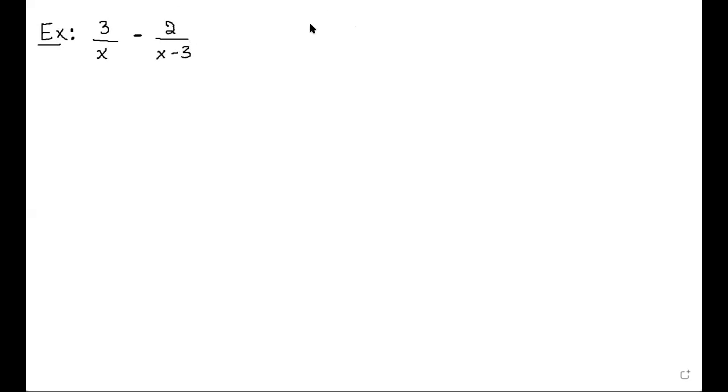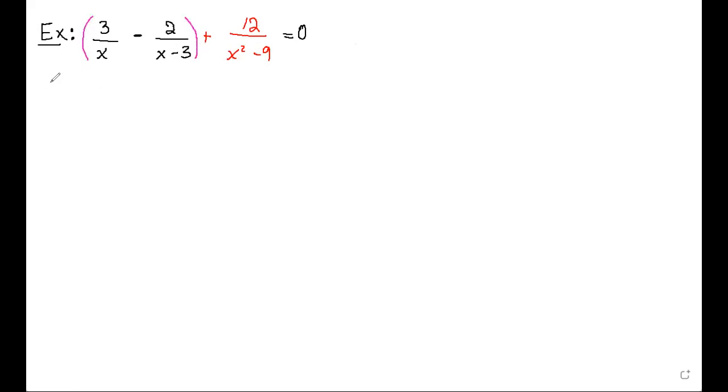Then I add to both sides 12 over x squared minus 9, equals 0. Okay. So now we have to find the least common denominator between the first two fractions.